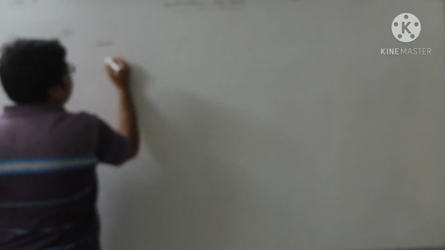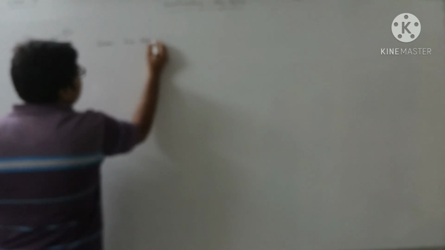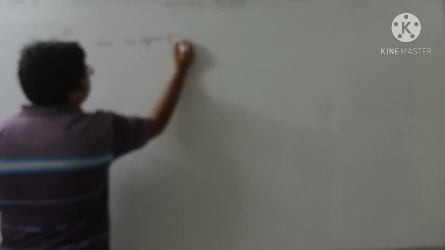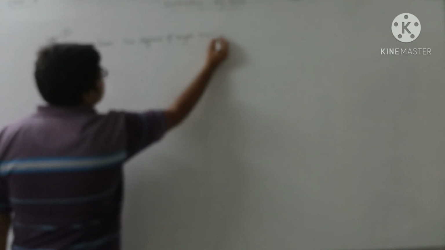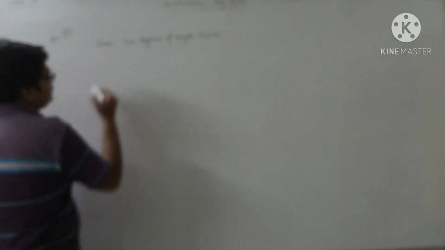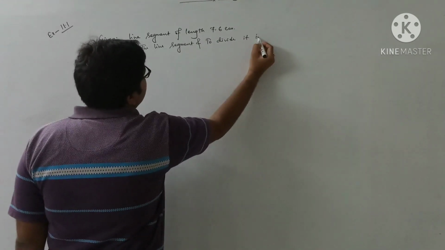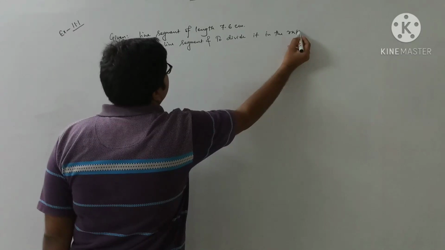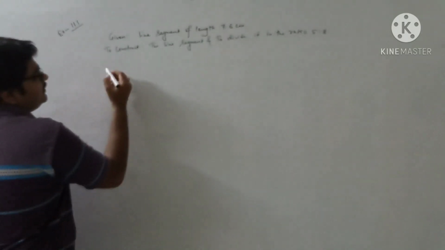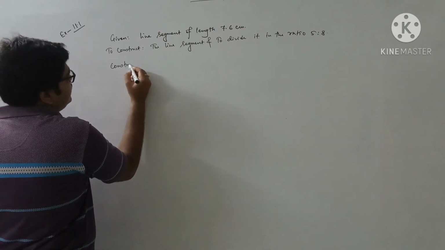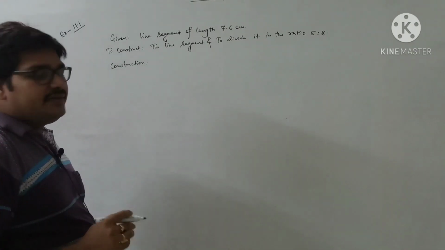That you write: given line segment of length 7.6 cm, divide it in the ratio 5:8. So let's move to construction. And after that we have to find out the length of the two parts, which we need not mention over here.